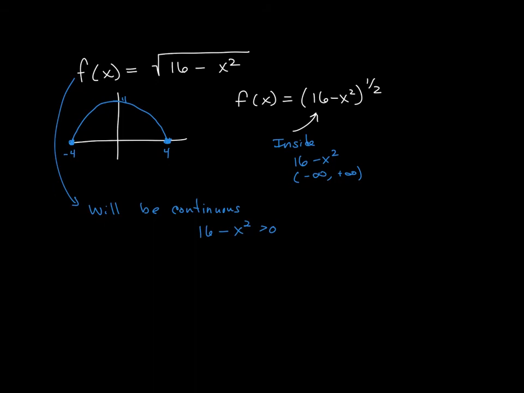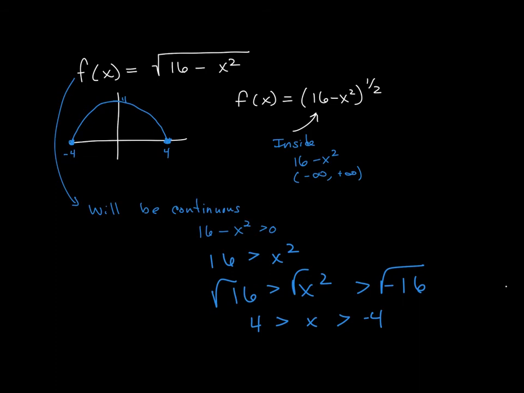That happens when 16 is greater than x squared. You have to set this up with an inequality, and take the square root of all of it, and you get that x is between negative 4 and 4. So from our theorem right now, we know that it is continuous from negative 4 to 4.